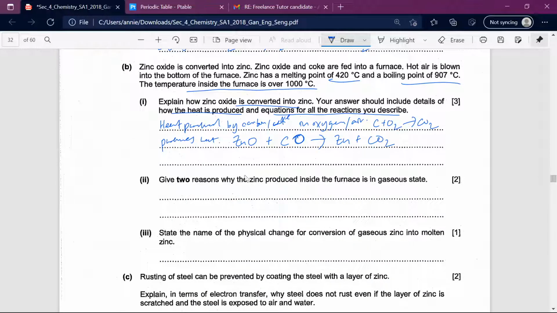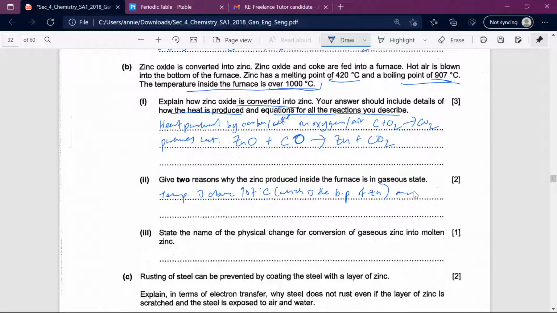Okay, so give 2 reasons why the zinc produced inside the furnace is in gaseous state. Gaseous state means it is higher than the boiling point, and zinc's boiling point is 907 degrees. The temperature inside the furnace is over 1000 degrees. So let's write it down. Temperature is above 907 degrees, which is the boiling point of zinc.